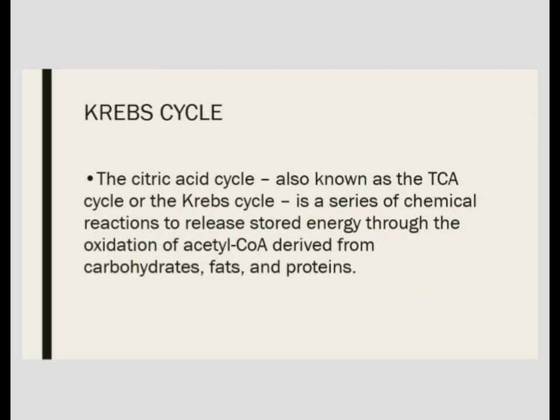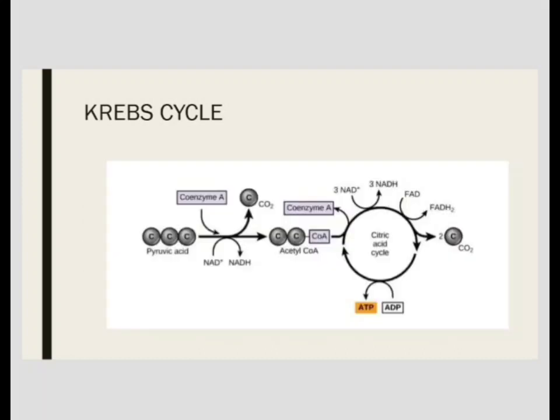The citric acid cycle, also known as the Krebs cycle, is a series of chemical reactions to release stored energy through the oxidation of acetyl-CoA derived from carbohydrates, fats, and proteins. The Krebs cycle can be described as a metabolic pathway that generates energy.